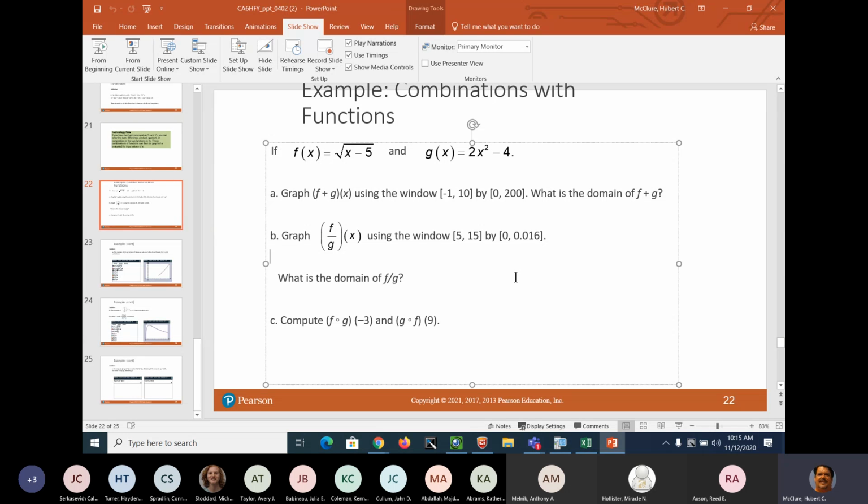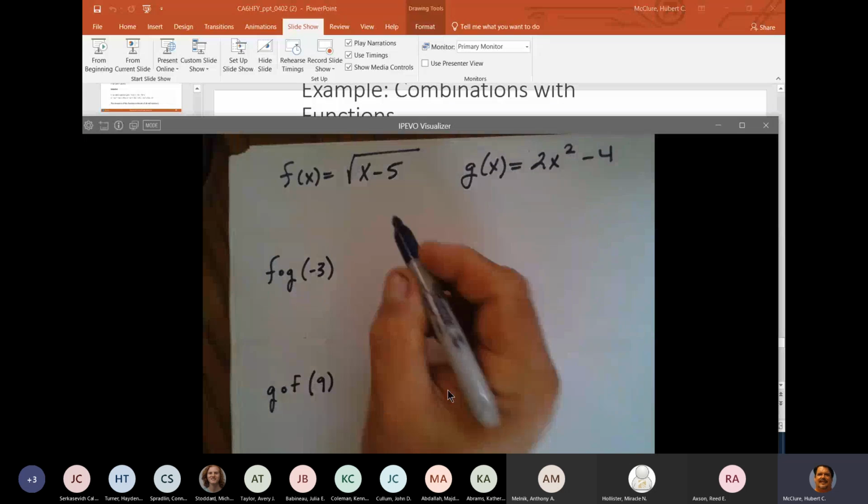And they want you to compute f composed of g at -3 and g composed of f at 9. Now this is a good test question. This is the kind of stuff I'll ask on a test.